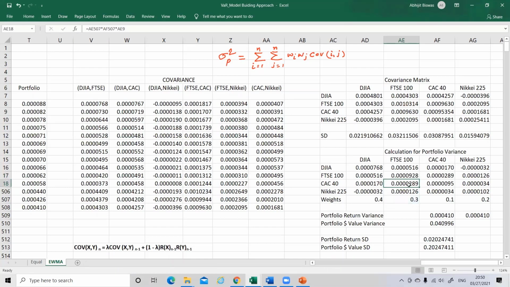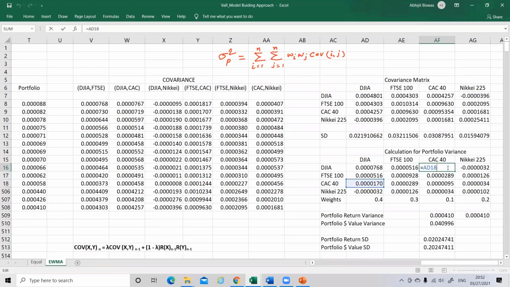Next, weight of FTSE multiplied by weight of CSE multiplied by covariance between FTSE and CSE. Complete. This one is weight of FTSE multiplied by weight of Nikkei multiplied by covariance between FTSE and Nikkei.